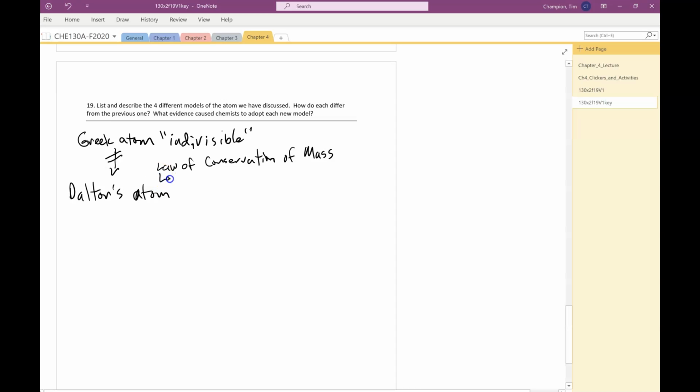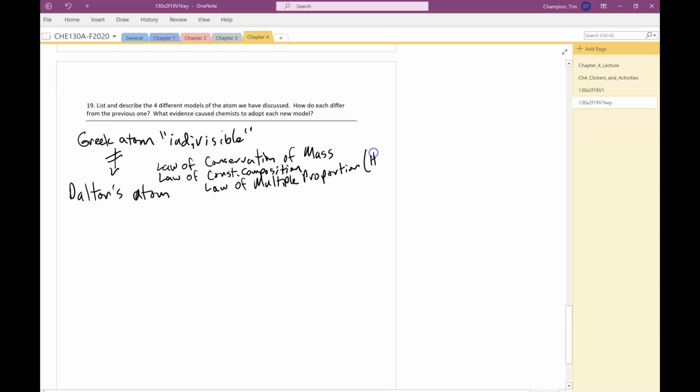There was the law of constant composition or definite proportion, which said that water is always H2O, for example, and then the law of multiple proportions, which said that if you have 2 different compounds of the same elements, there'd be a whole number ratio.